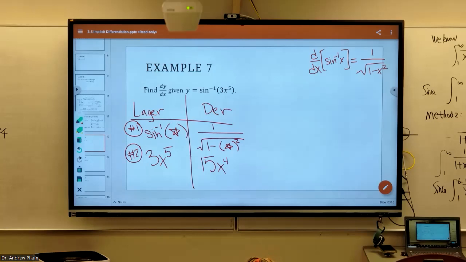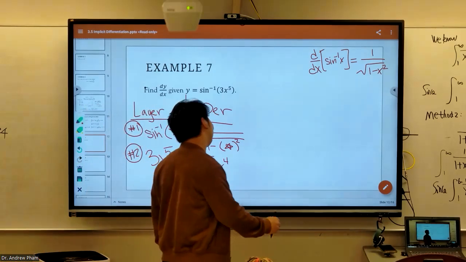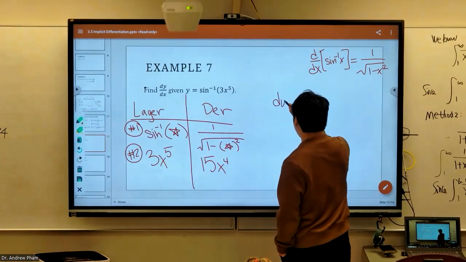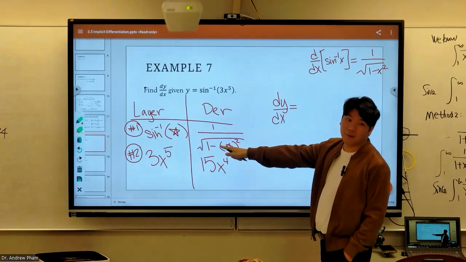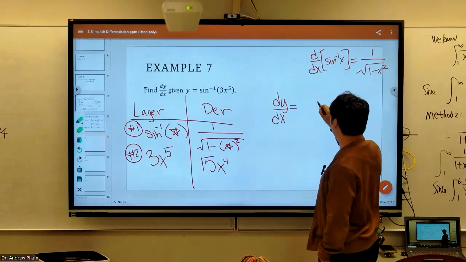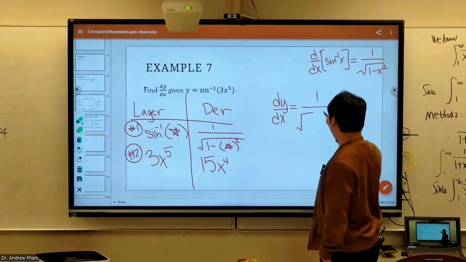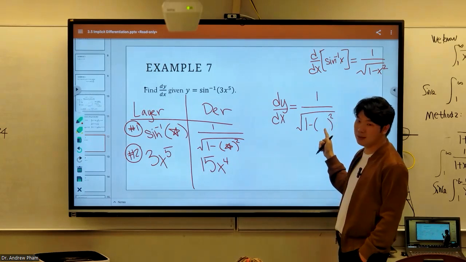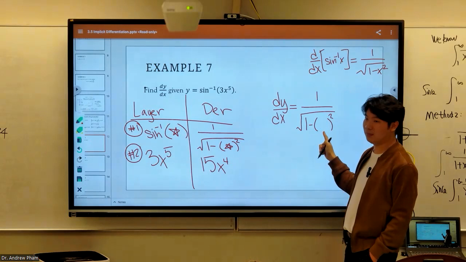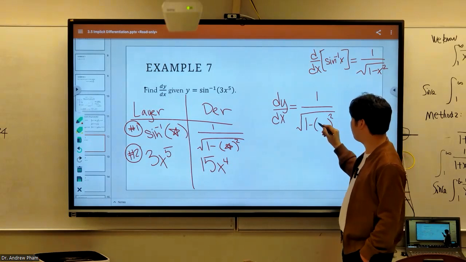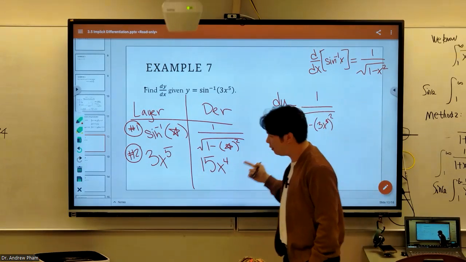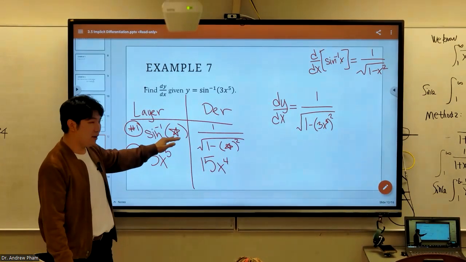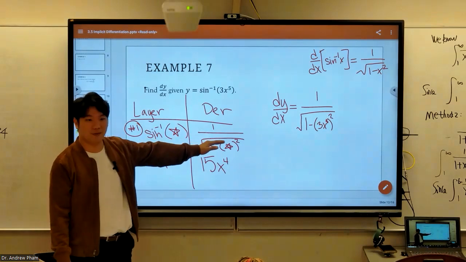So now we have everything I need to take the derivative. dy/dx is equal to the derivative of the first layer, which was 1 over the square root of 1 minus, what's going to go into this parentheses here? Yeah, exactly, 3x to the fifth. It's a little hard to see that 5 right there. But remember, we're using the same thing that was in here in the derivative layer.